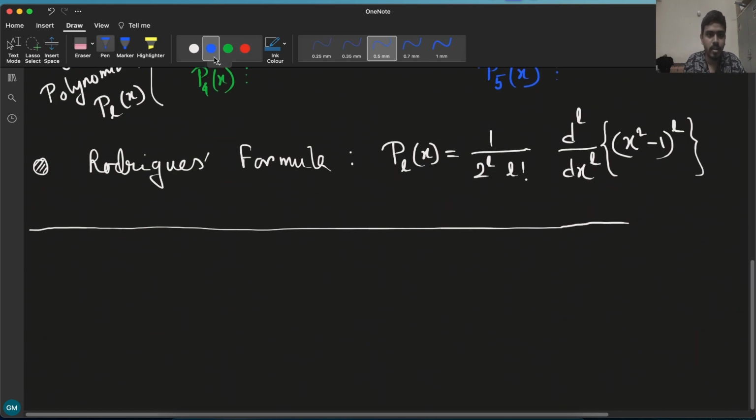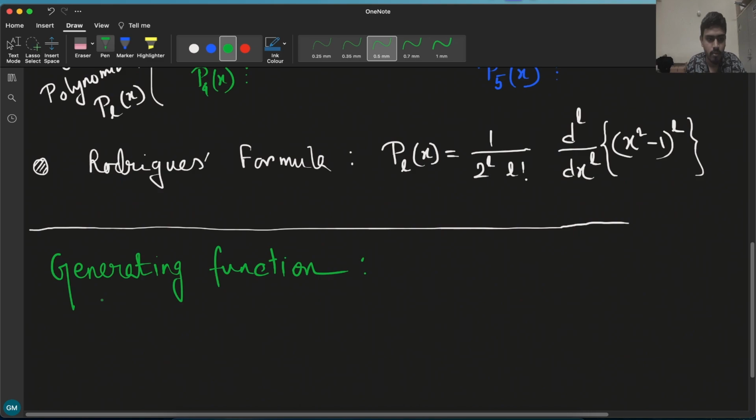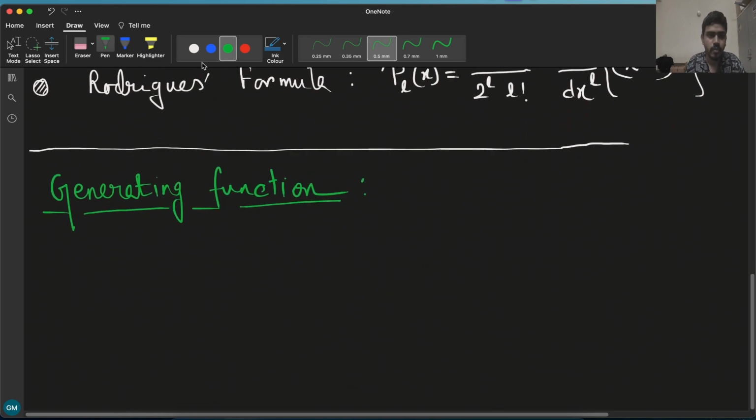So let me define the generating function. It's kind of a weird function if someone is looking at it for the first time. Let's call it phi, a two variable function.